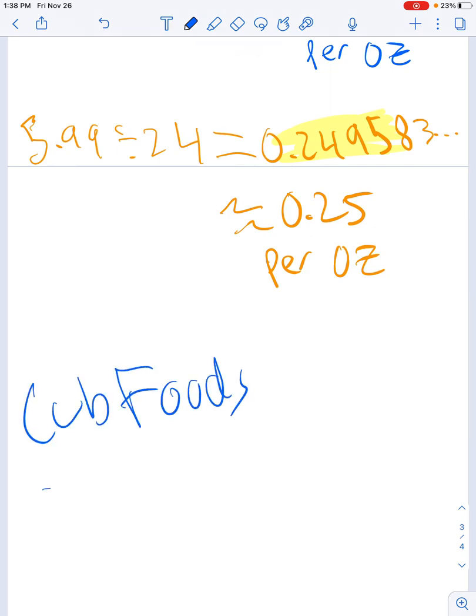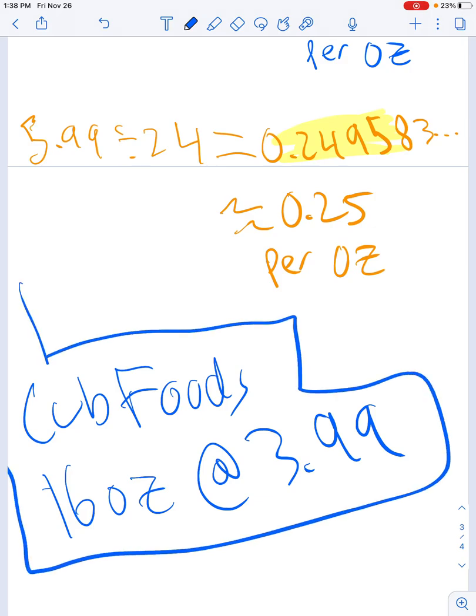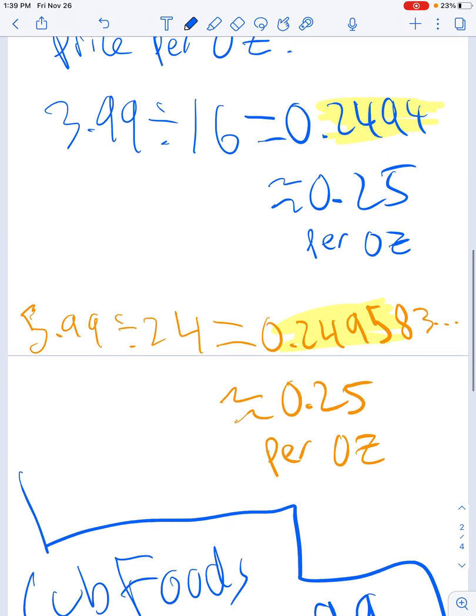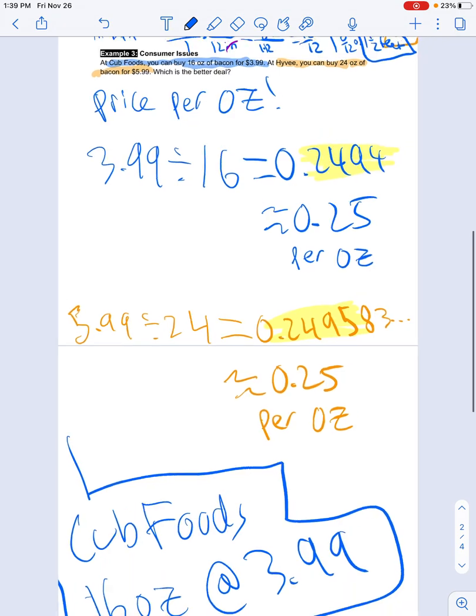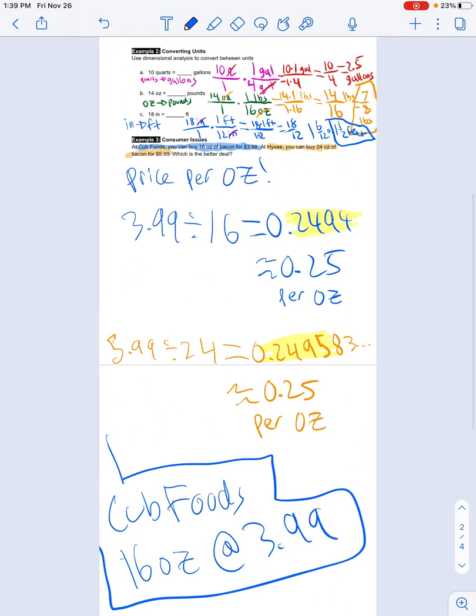However, it's so minuscule that unless you're buying thousands of pounds of bacon, you're probably not going to save yourself too much money. It looks like you're saving yourself 1/10,000th of a cent per ounce. So eventually it'll add up, but if you're looking for what's cheaper, technically the Cub Foods deal is cheaper.